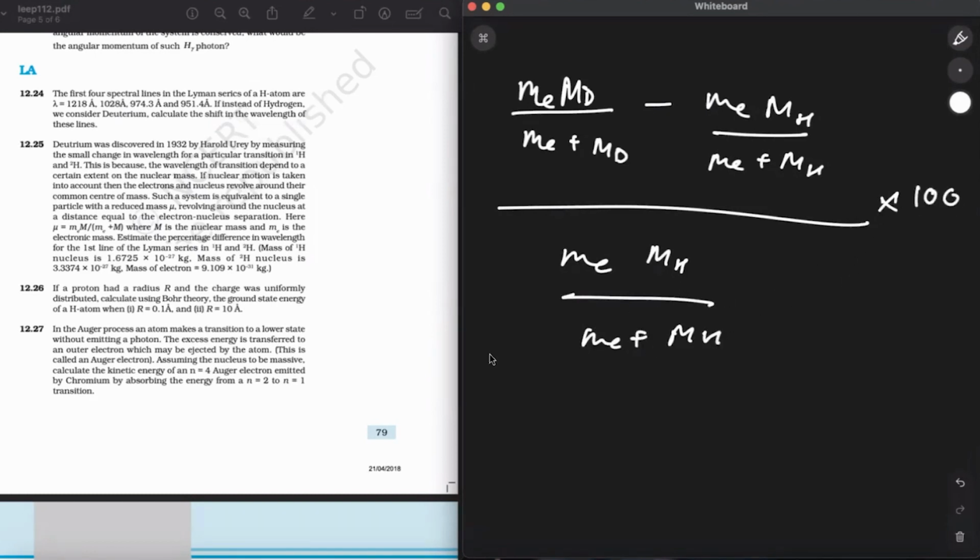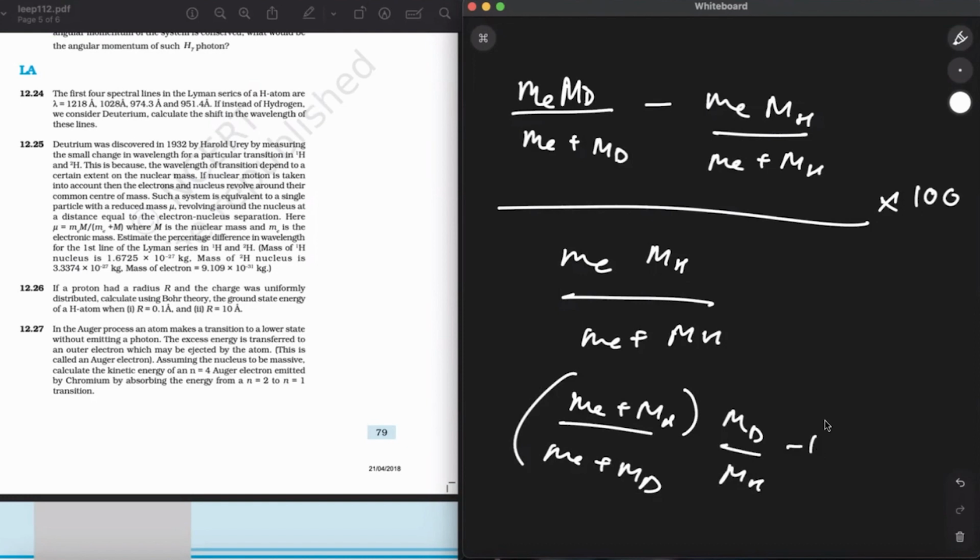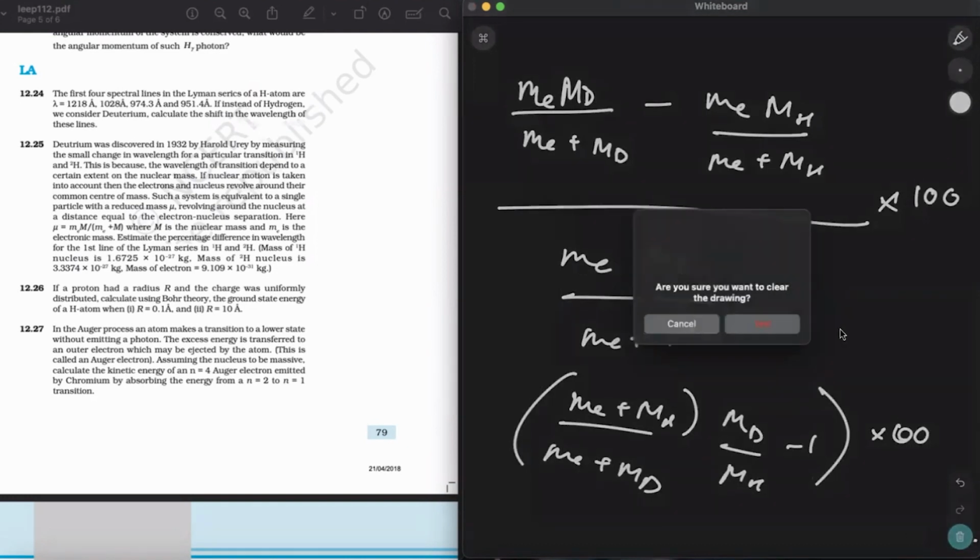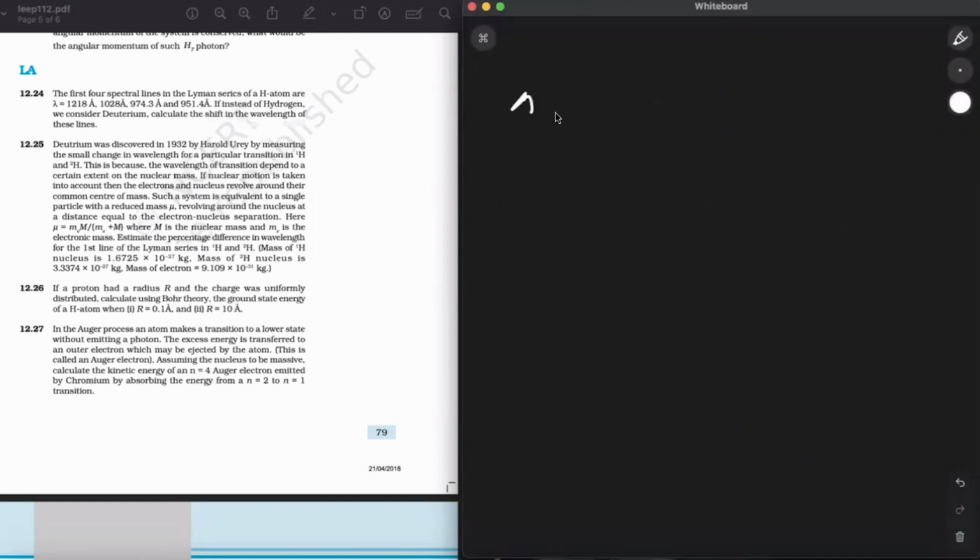So mass of electron plus mass of hydrogen divided by mass of electron plus mass of deuterium, upon mass hydrogen, minus 1, into 100. So delta lambda upon lambda h into 100 can be written as what?